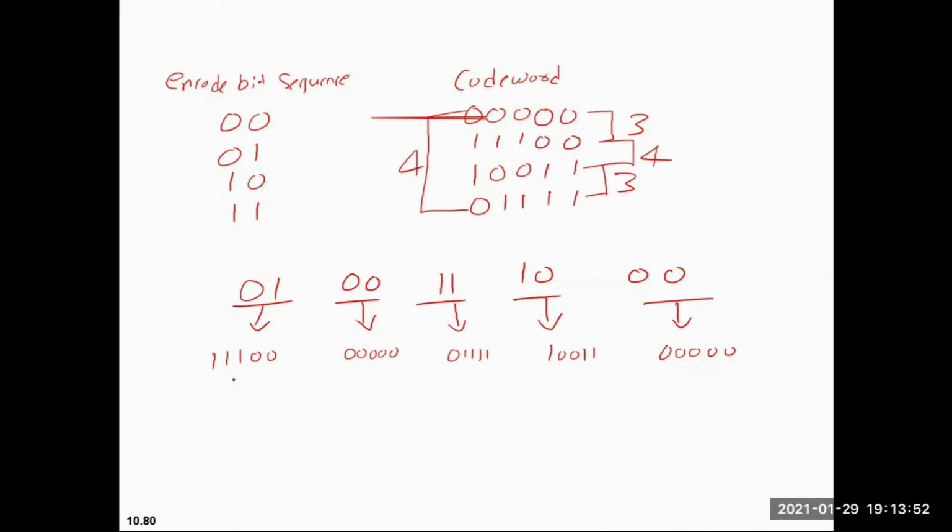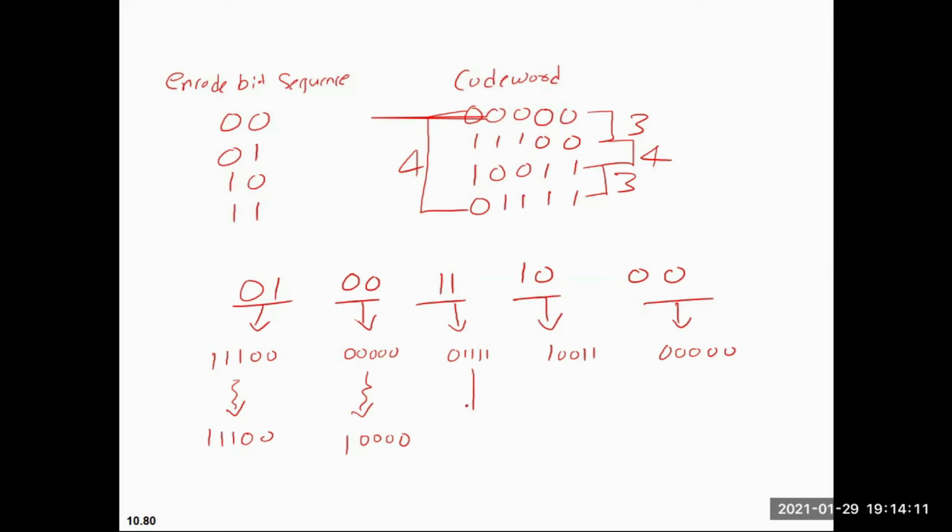Suppose at the receiver side, this sequence is received as it is, that is 11100, and this sequence is received as 10000, so there is one error at this place.